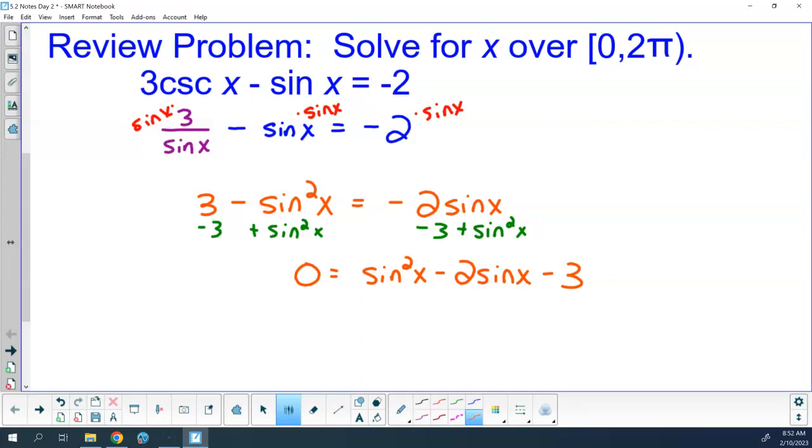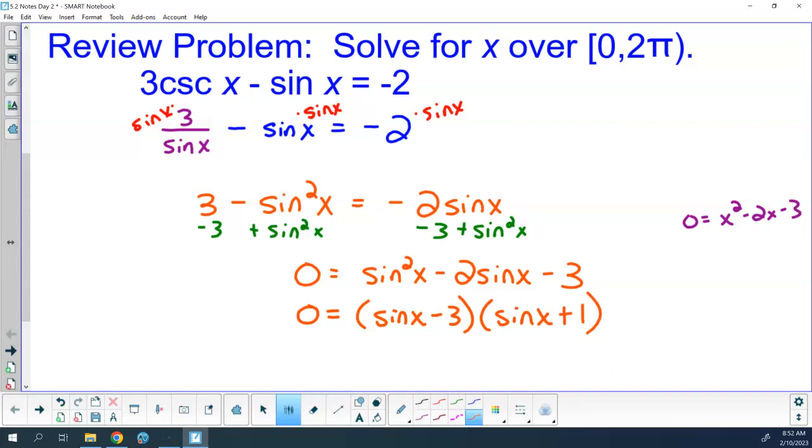In my think box, I'm thinking of this as 0 equals x squared minus 2x minus 3. And so I would be thinking, I can factor this: sine of x minus 3 and sine of x plus 1. Two numbers that multiply together to be negative 3 and add to be negative 2.